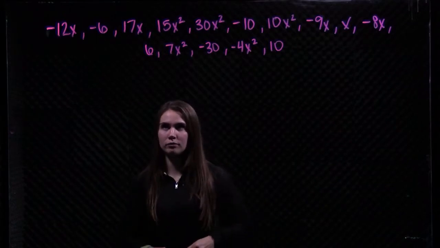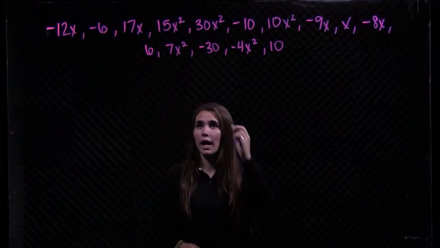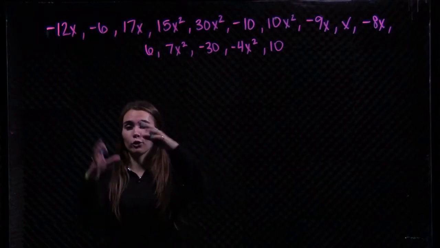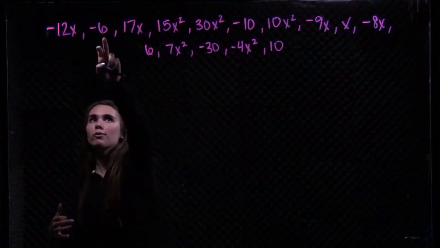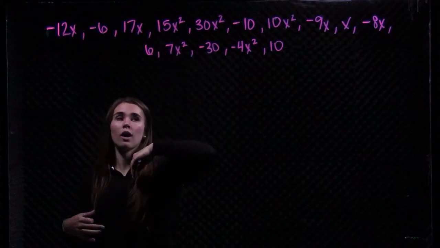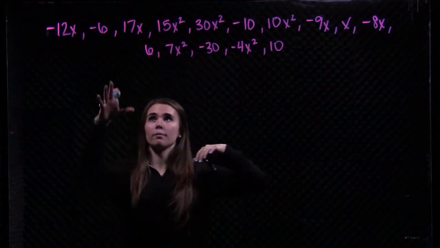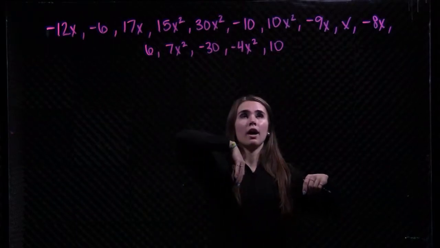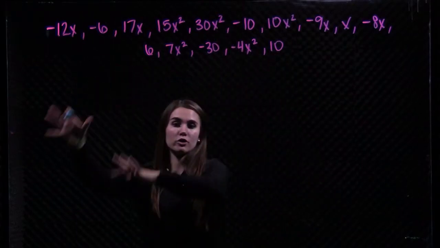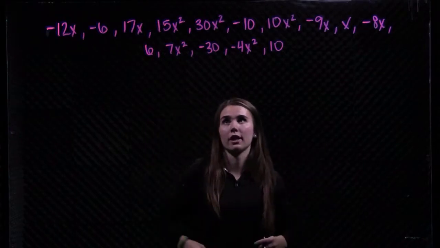So some of you, I saw, connected or grouped your monomials by the numbers out front here, so the coefficients. So I saw some of you put maybe like the 6's together, the -10 and the +10, maybe the even numbers you put together and the odd numbers you put together.